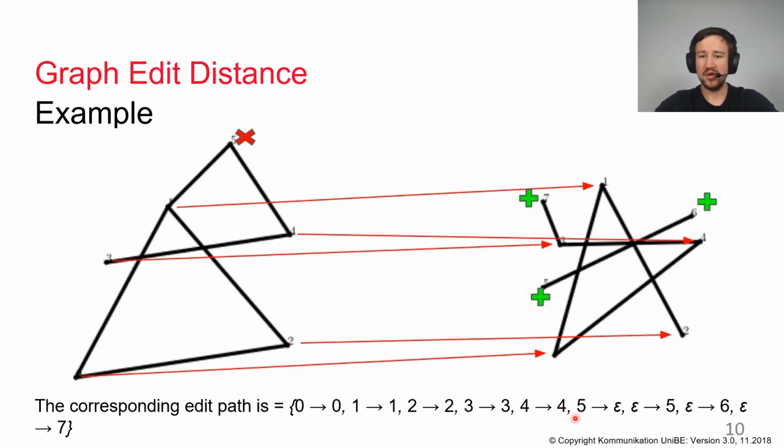Denoted like this, 5 to epsilon, for example, are the deletions, meaning that node 5 here from the source graph didn't get a match in the target graph, hence it is deleted. And denoted like this here, for example, epsilon to 5 means that here node 5 is inserted in the target graph because there was no counterpart in the source graph.